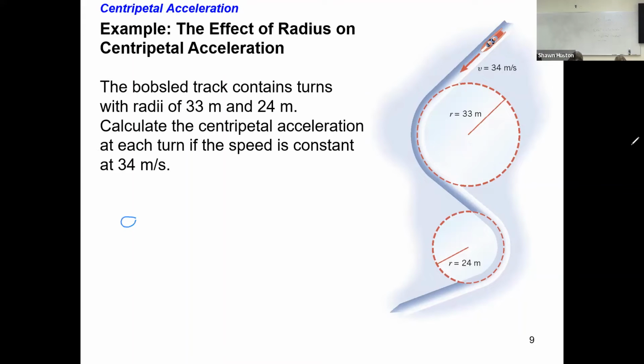A sub c is equal to v squared over r. Our speed is always 34 meters per second. Squaring that, divide by the radius of the first turn, which is 33 meters.